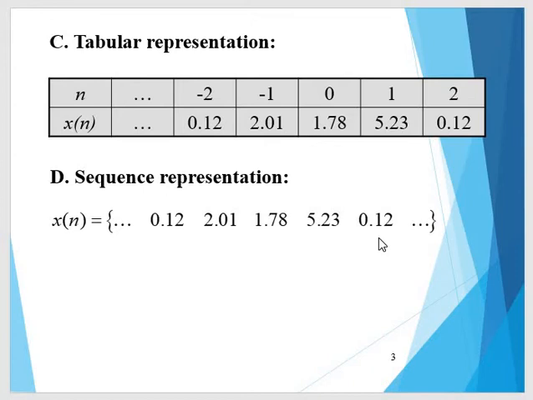Now, how can we understand at which point of n, x[n] has these values? Because n is not specified over here. Normally in our mathematical part, mostly we will use sequential representation. How will we understand that?